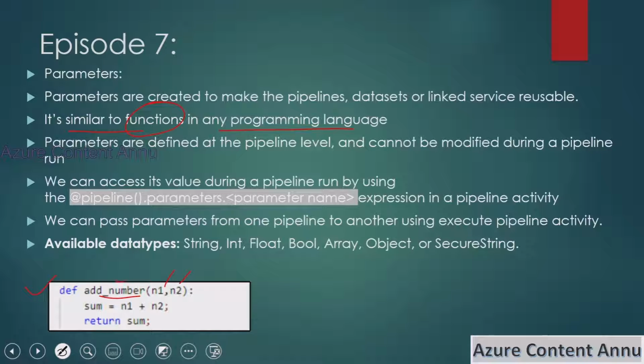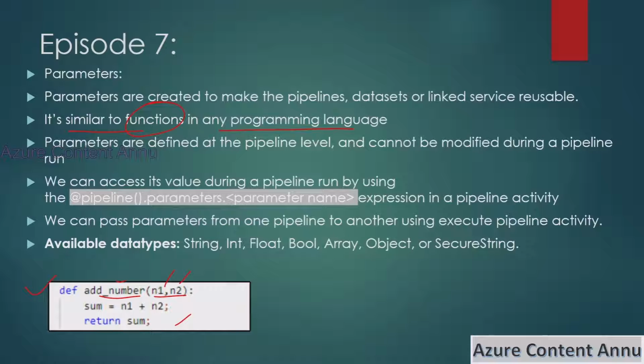Whenever we call this function, we need to pass the parameter values, and depending on those values, we will get the output. Suppose we are passing n1 as 10 and n2 as 20, then the return value will be 30. Similarly, if we pass 20, 20, then the return value will be 40. So depending on the input values, we will get the output. Similar to this, we have parameters in ADF.